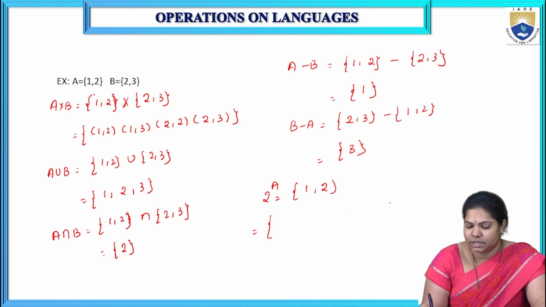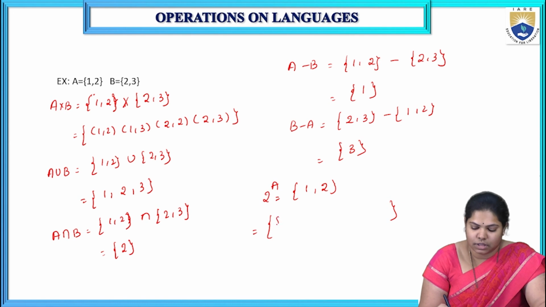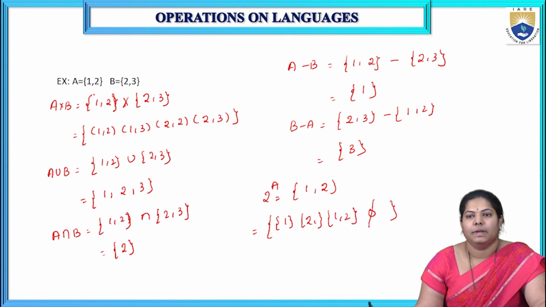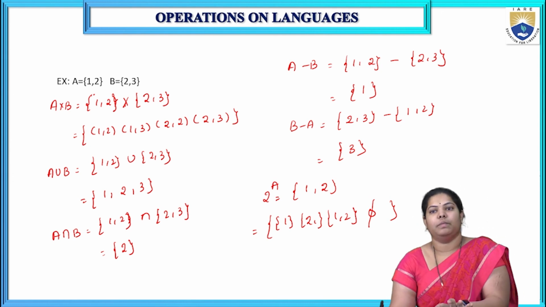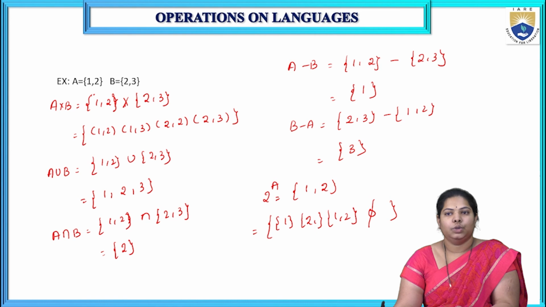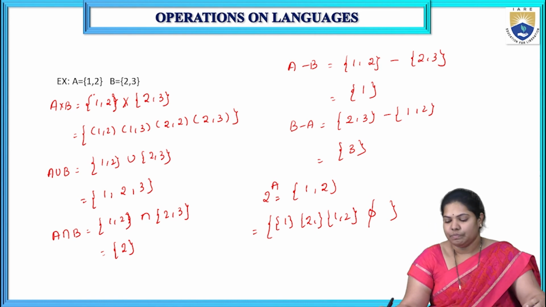The possible power sets derived from the language {1, 2} are {1}, {2}, {1, 2} and null.